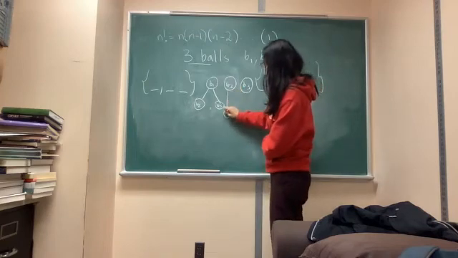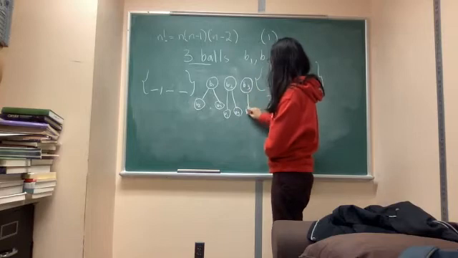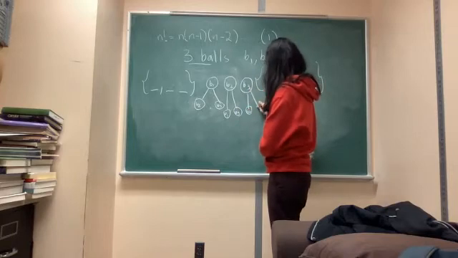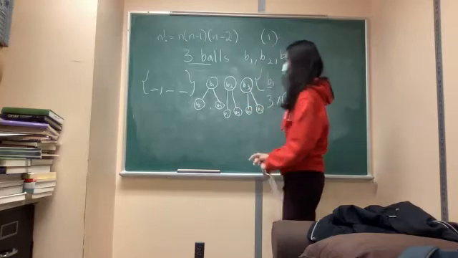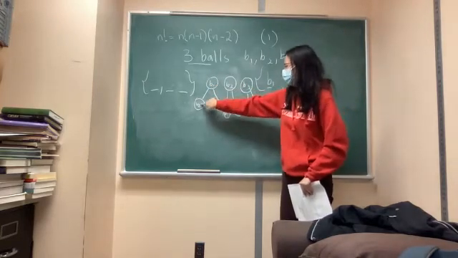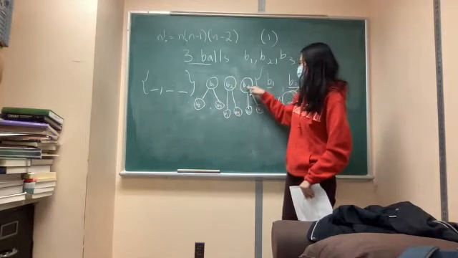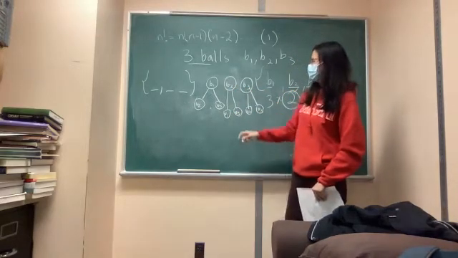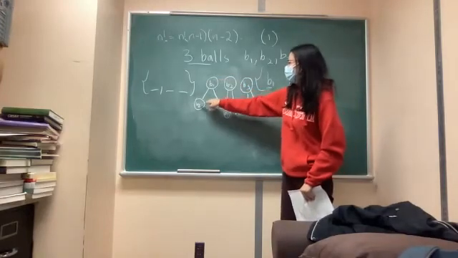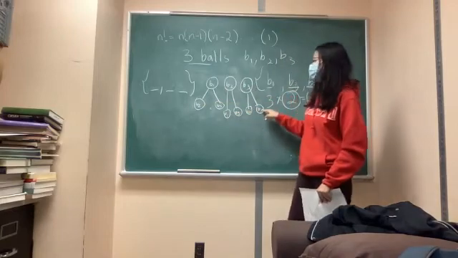This can be B1 or it can be B3. This can be B2 or B3. When you choose B1, there's 2 options. When you choose B2, there's 2 options. When you choose B3, there's 2 options. So you can see that in grand total, there is 1, 2, 3, 4, 5, 6 options.